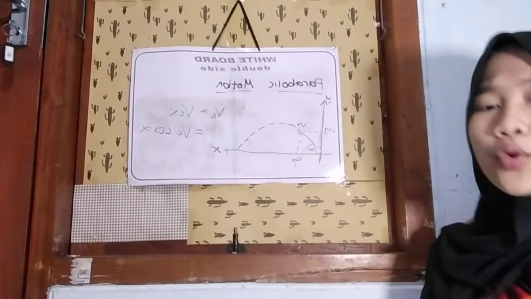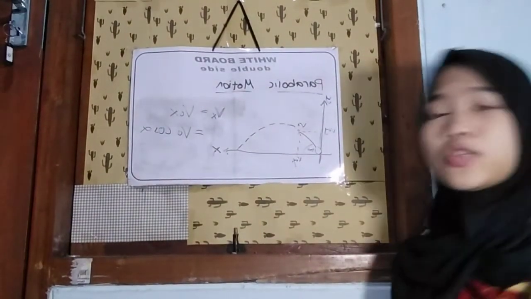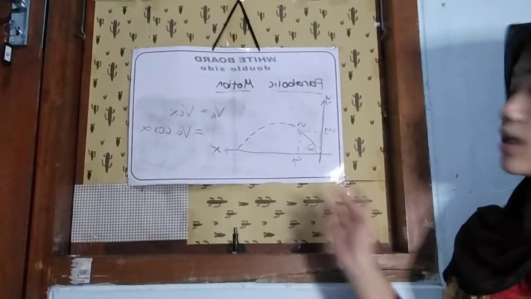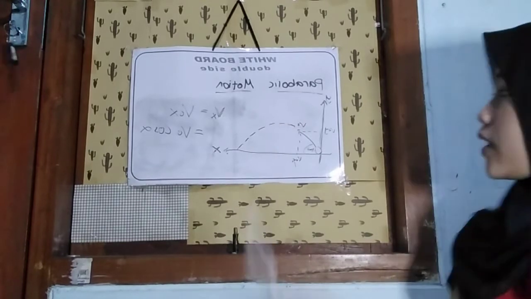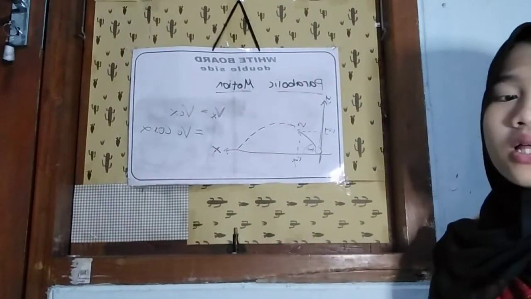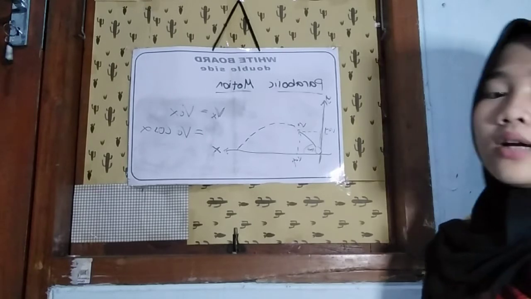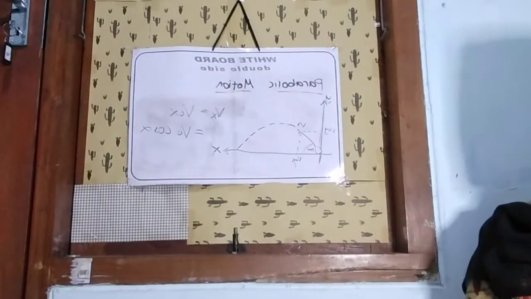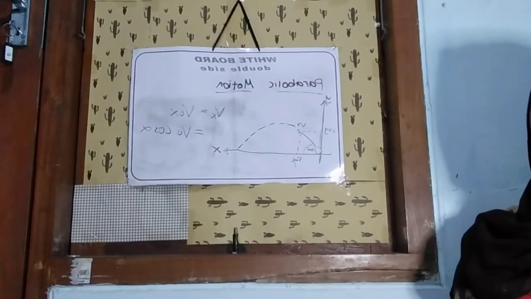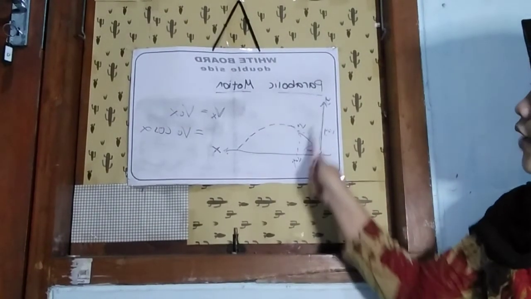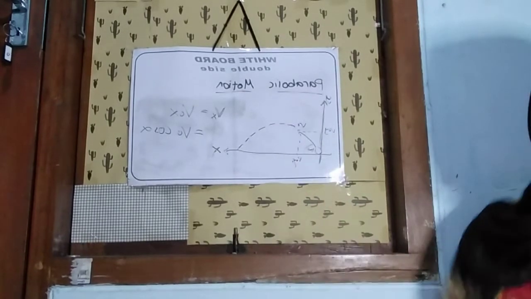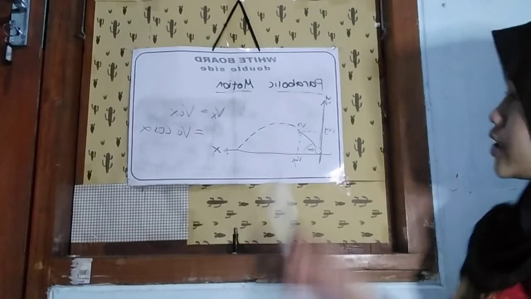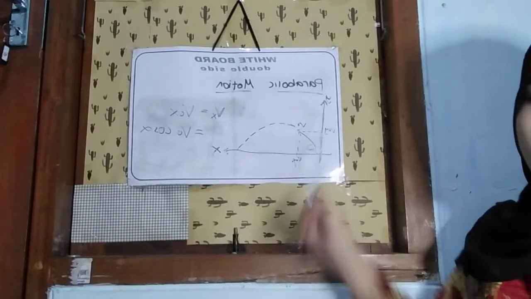The question is, what if an object is at an arbitrary position here, with Vx and Vy? Then, what is the speed at that arbitrary point? The task is first to find out how much Vx and Vy are.